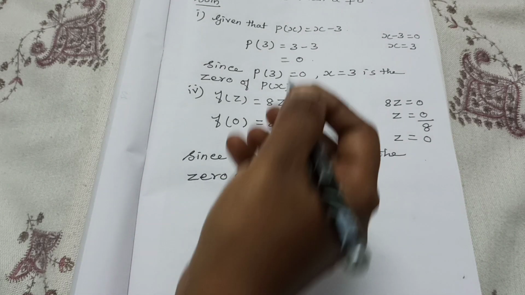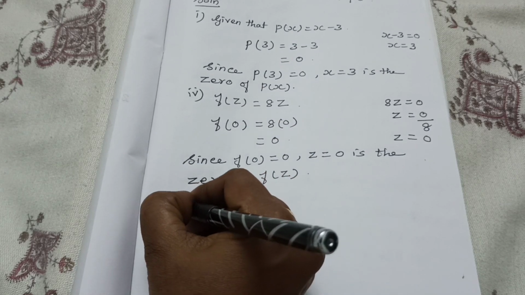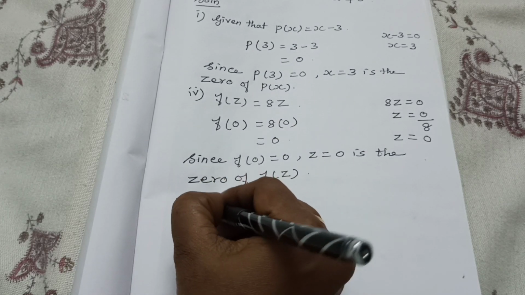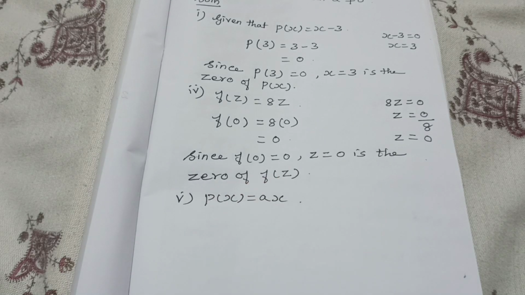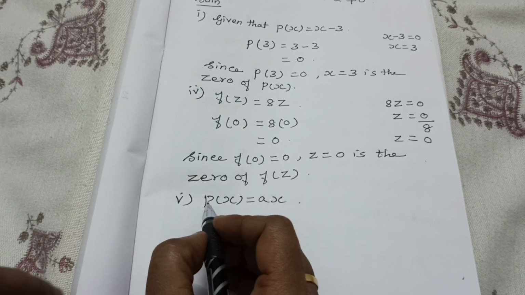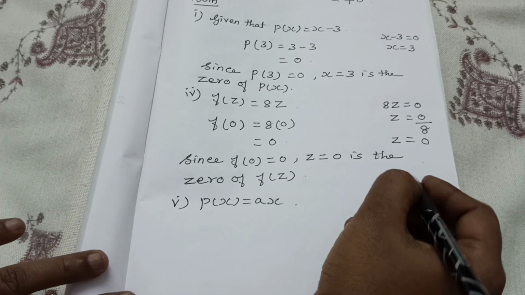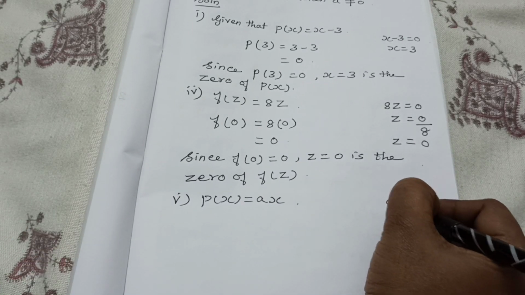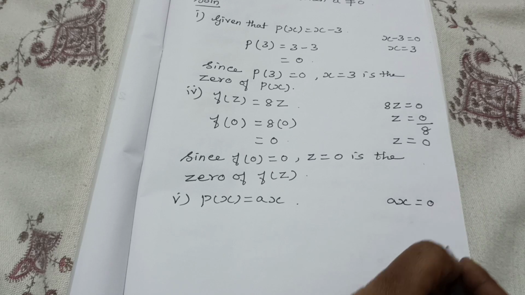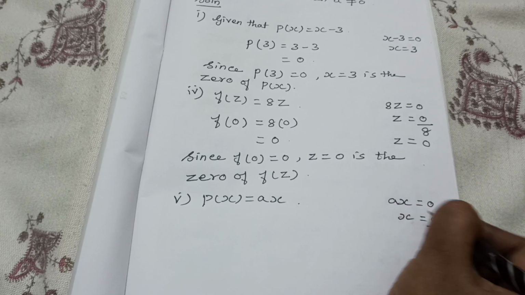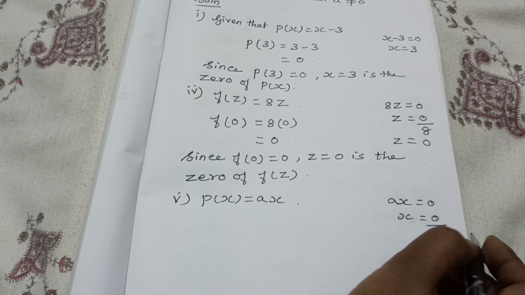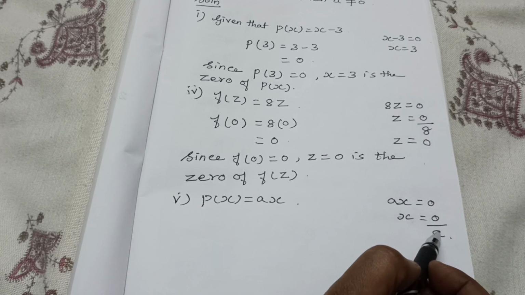Okay. Then last one, fifth sum. P of x is equal to ax. Okay. P of x equal to ax. P of x afterwards what is given? Ax, isn't it? That ax we have to take here. Ax equal to 0. Then x equal to 0 divided by this a. A is the letter, isn't it? Here variable.